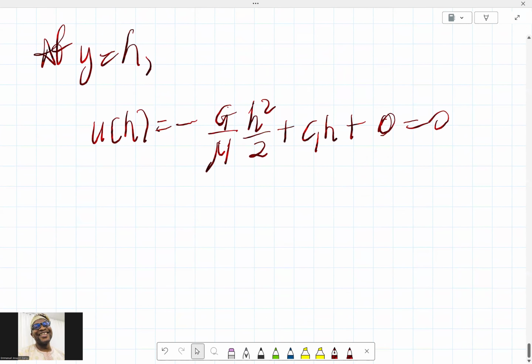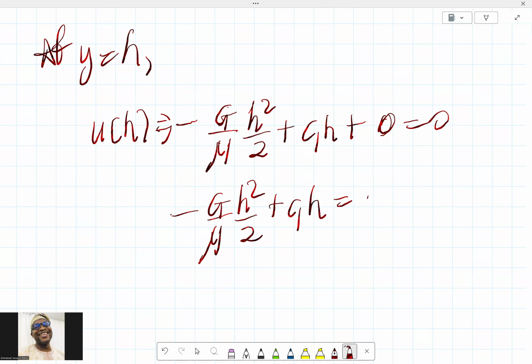So this implies that we want to find the constant c1: minus g over mu h squared over 2 plus c1h is equal to 0.